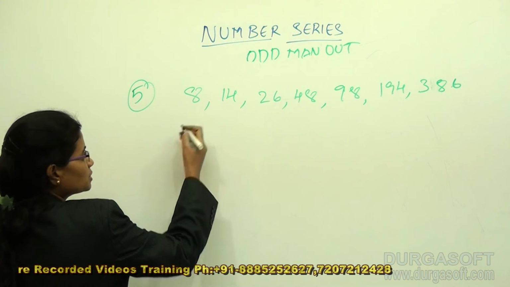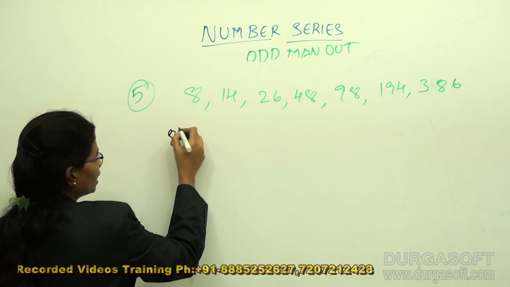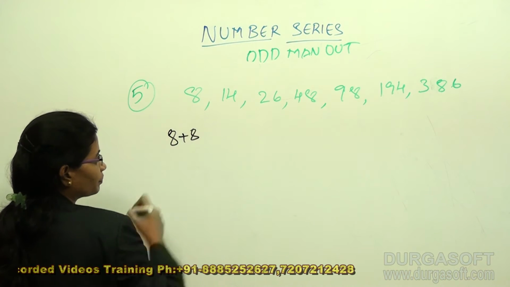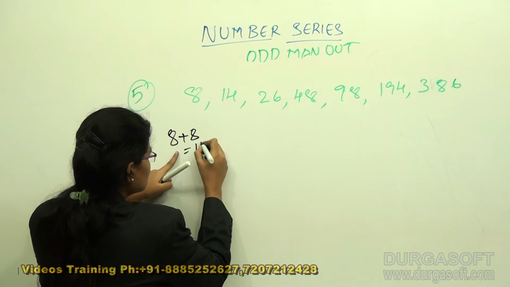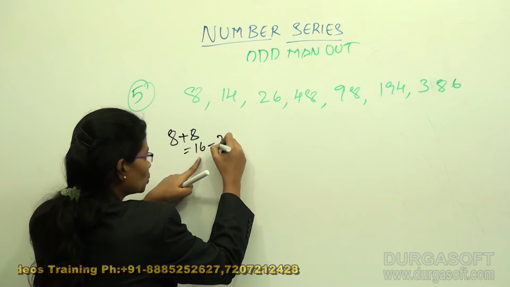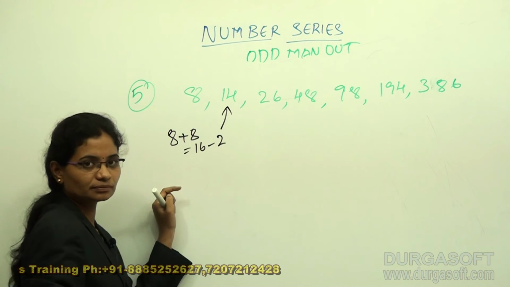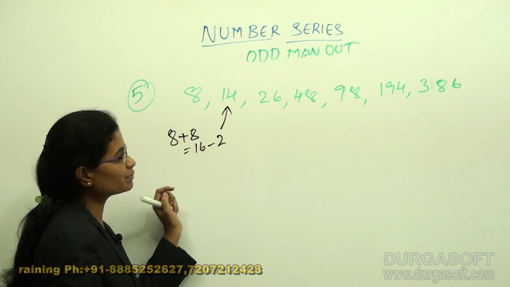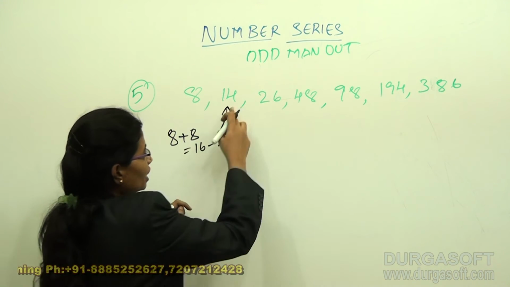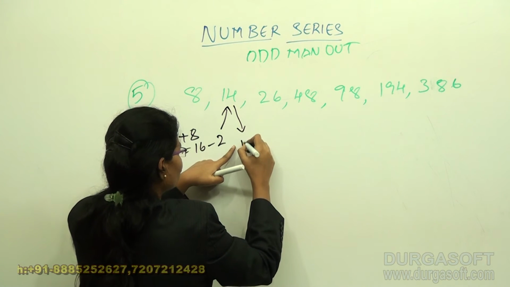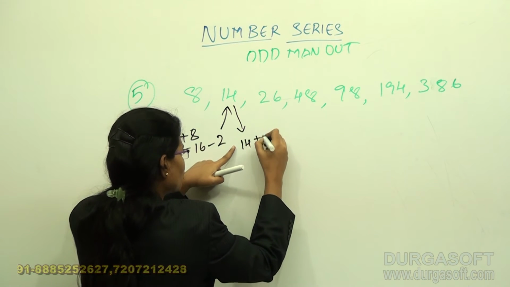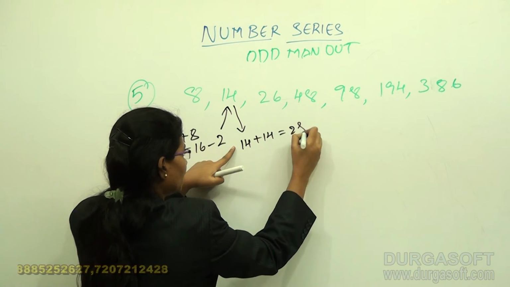If you observe in this way, if I take 8 plus 8, it is giving me 16. So from this 16, if I subtract 2, I am getting 14. It is just my assumption. Let me try for the next also, for 14. If I take 14 plus 14, it is giving me 28.